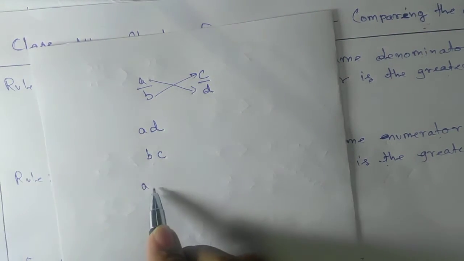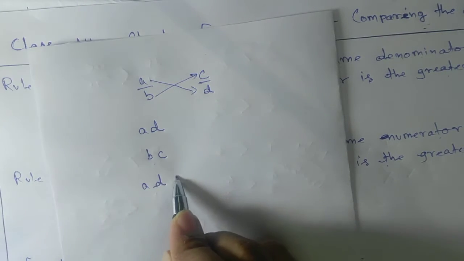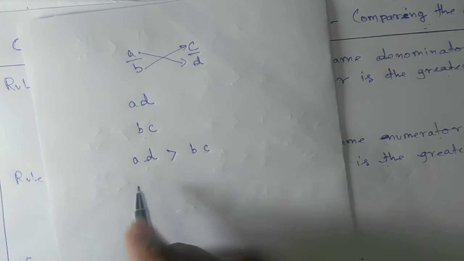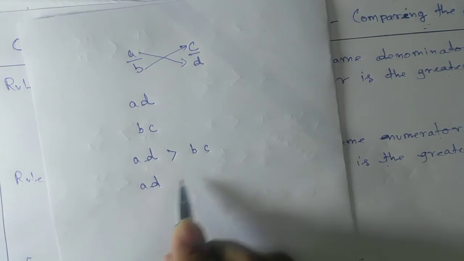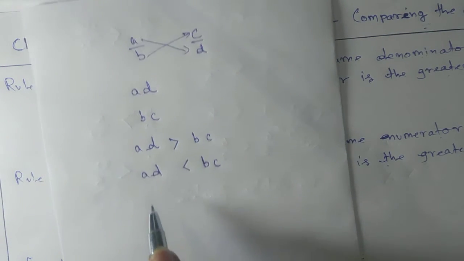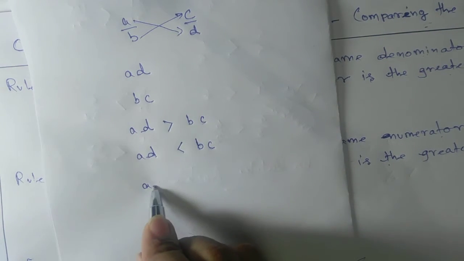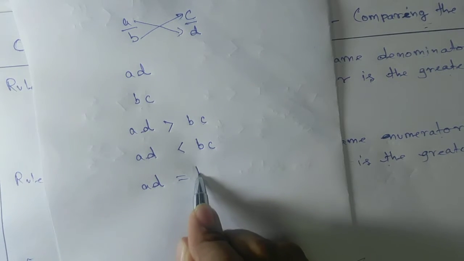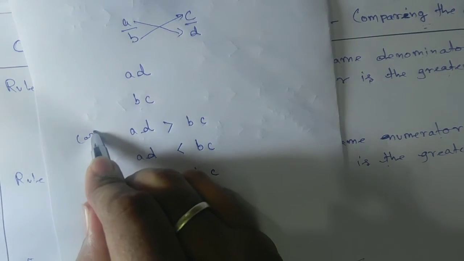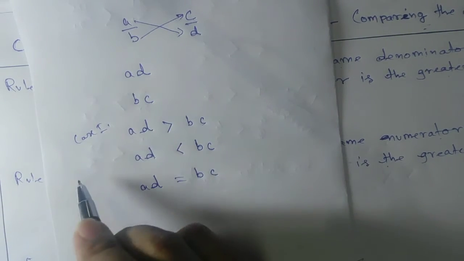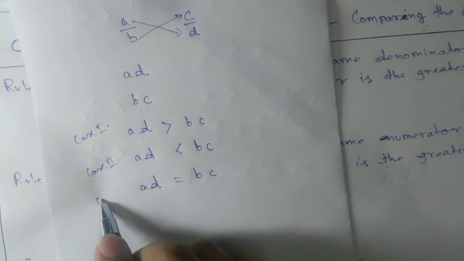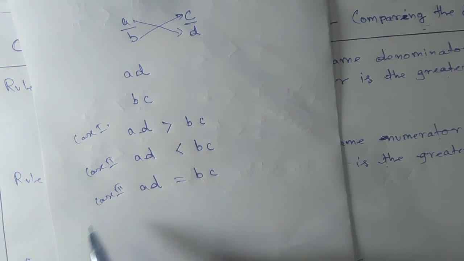A into D will be greater than B into C, or A into D less than B into C, or A into D equals B into C. Take this one as case 1, this one as case 2, and this one as case 3.